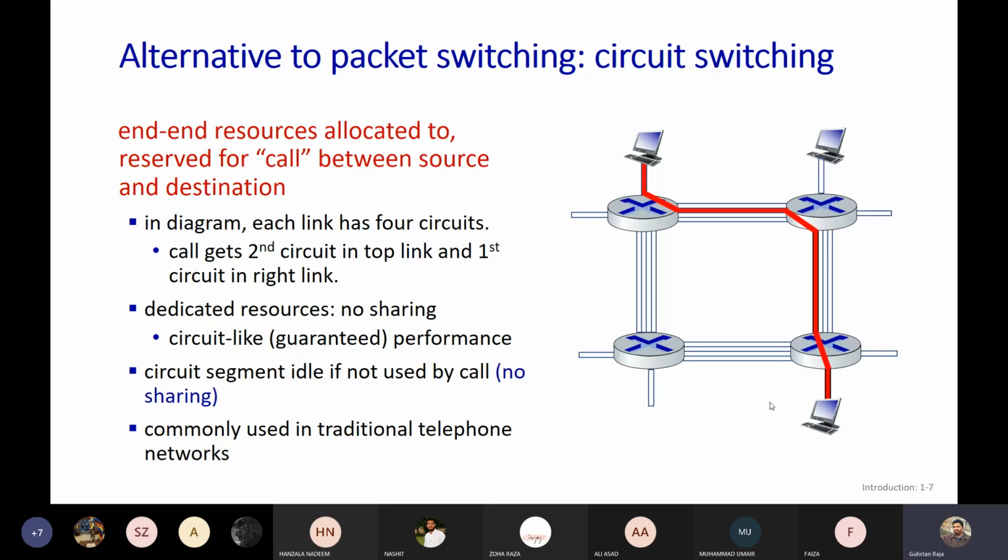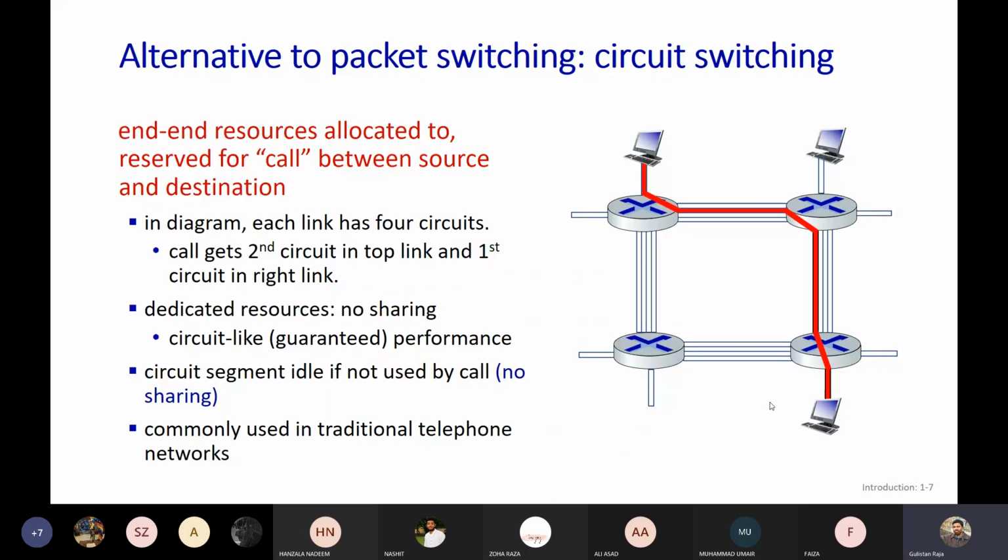Now there is an alternative to packet switching, and this is known as circuit switching. Now what is circuit switching? Let me give you an analogy. It's like a telephone network. Circuit switching is like a telephone call.